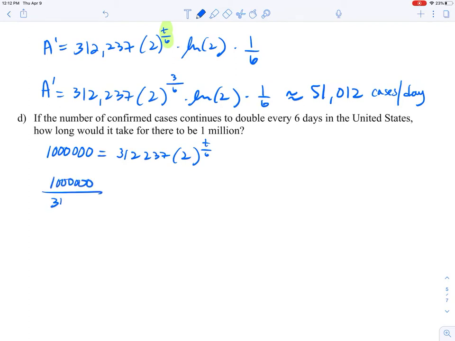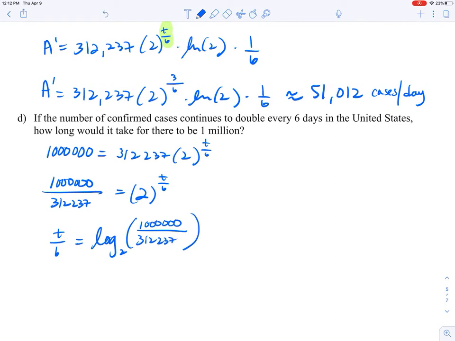Okay, divide, and then rewriting in logarithmic form, we would have t over 6 equals log base 2 of 1 million divided by 312,237.